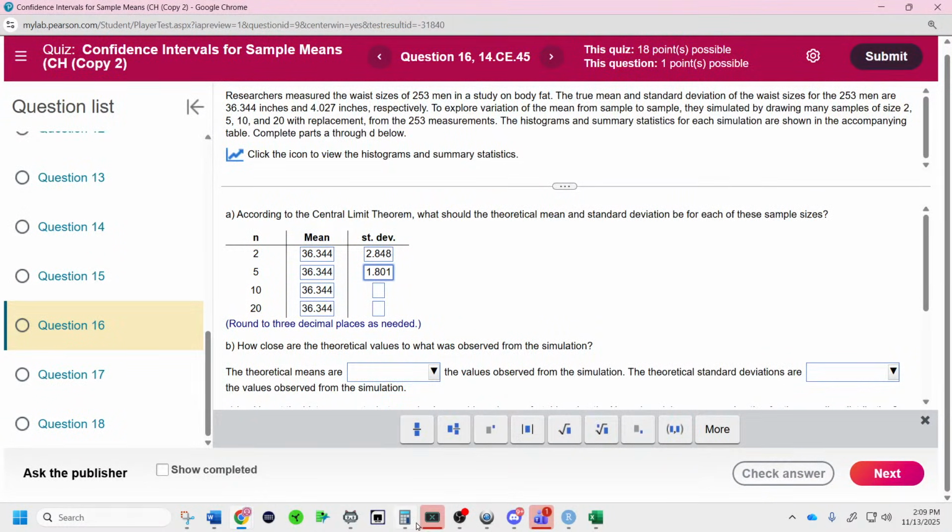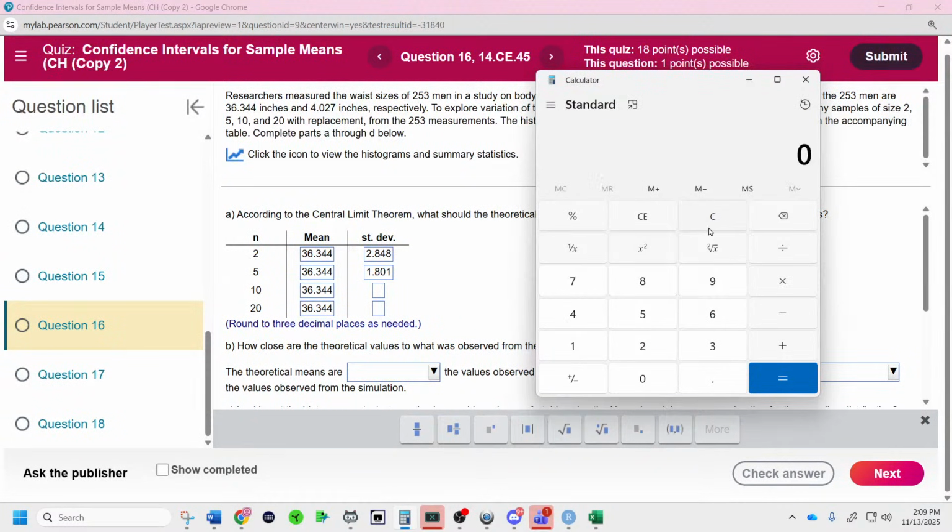Then we take 10. What's 10 square root? It's close, 3.16. So 4.027 divided by this. Something seems odd. 4.027 divided by this.